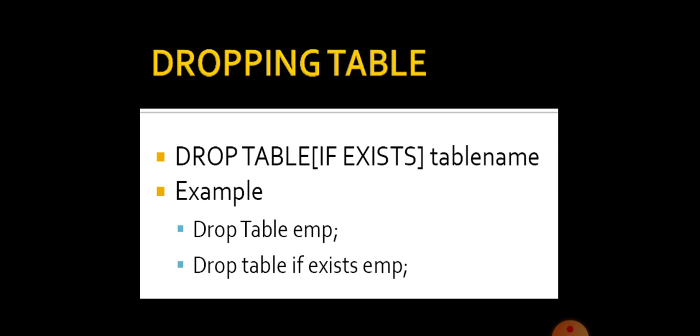If so, it removes the table. Otherwise, it will give us a message indicating the table does not exist. Normally, we will use only drop table, table name for removing the entire table from our database.